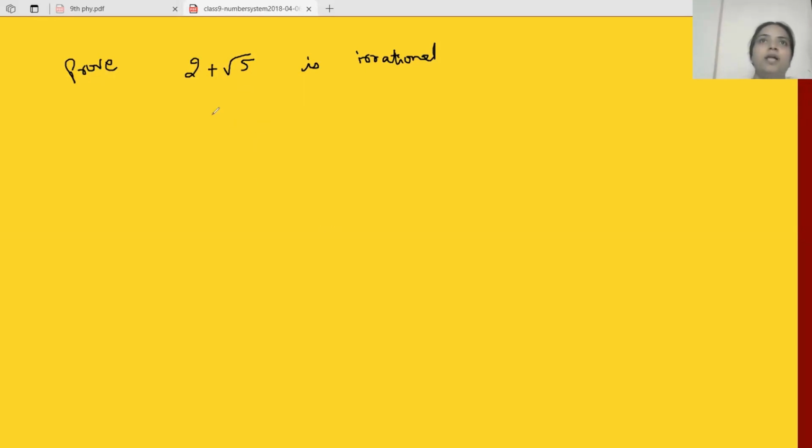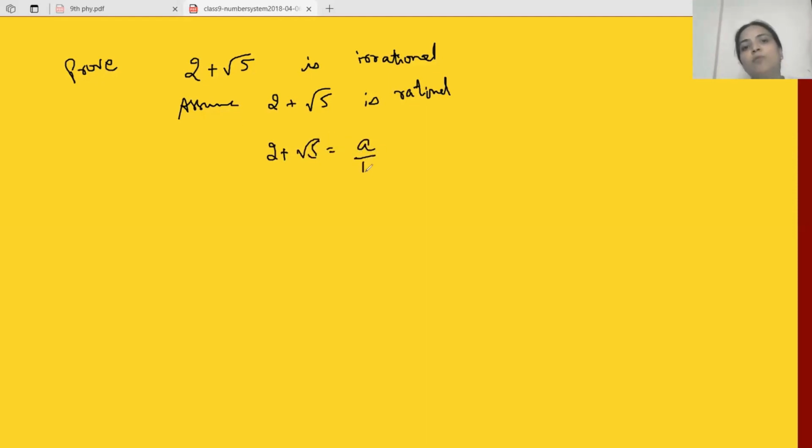Okay. Now 2 plus root 5 is irrational. I will assume that 2 plus root 5 is rational. Right or not, bache? So abhi 2 plus root 5, if it is rational, that means it is in the form of a by b, where b is never equal to 0 and a and b are co-prime integers.